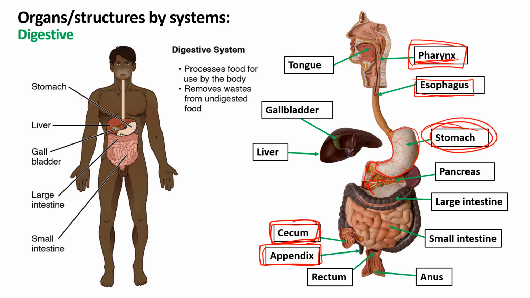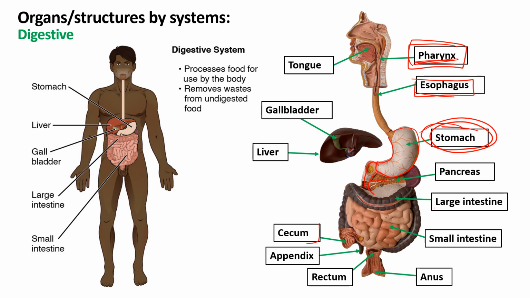And if you have heard the word appendicitis, this is a condition, a problem when the appendix gets swollen, and there's inflammation or infection of the appendix. Appendicitis means surgery, so the only way that we fix appendicitis is by removing the appendix.